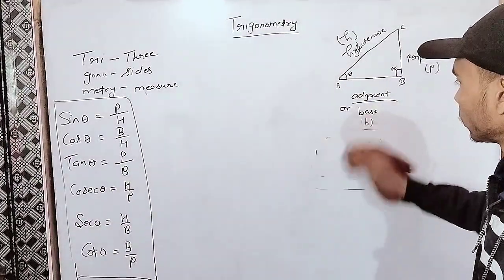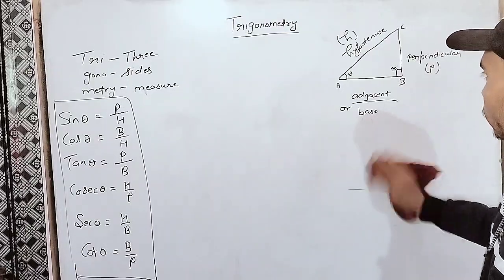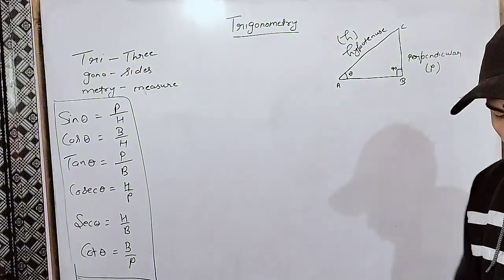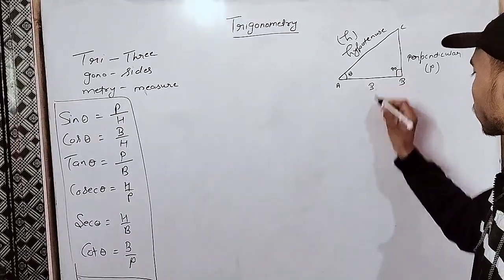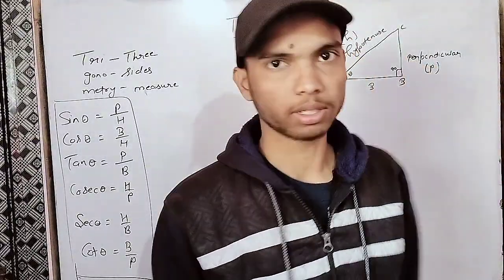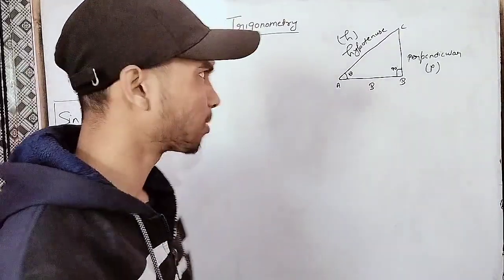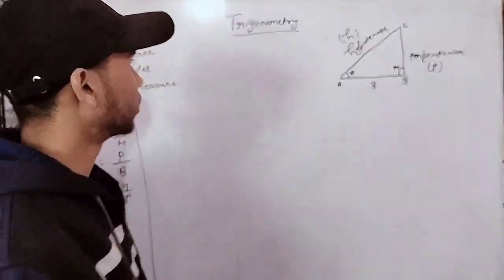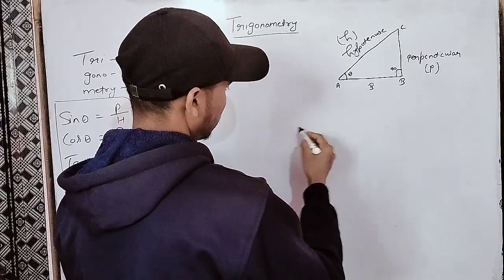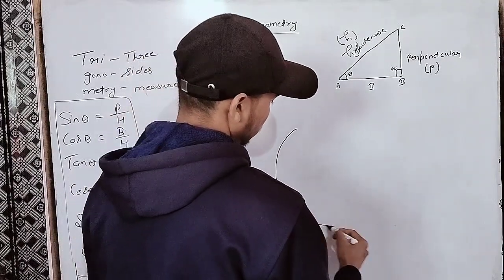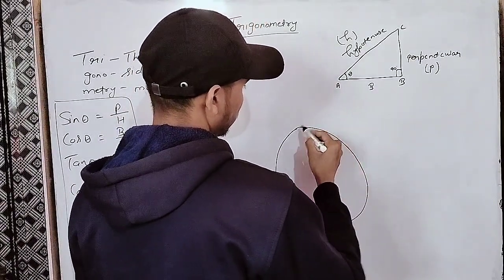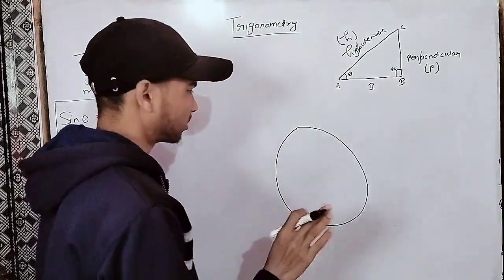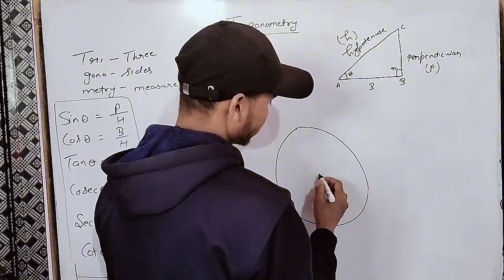Now I am going to show you some information about trigonometry with the help of a unit circle. We have this unit circle. This is not a perfect diagram, but it is just for understanding; I don't want to waste your time.